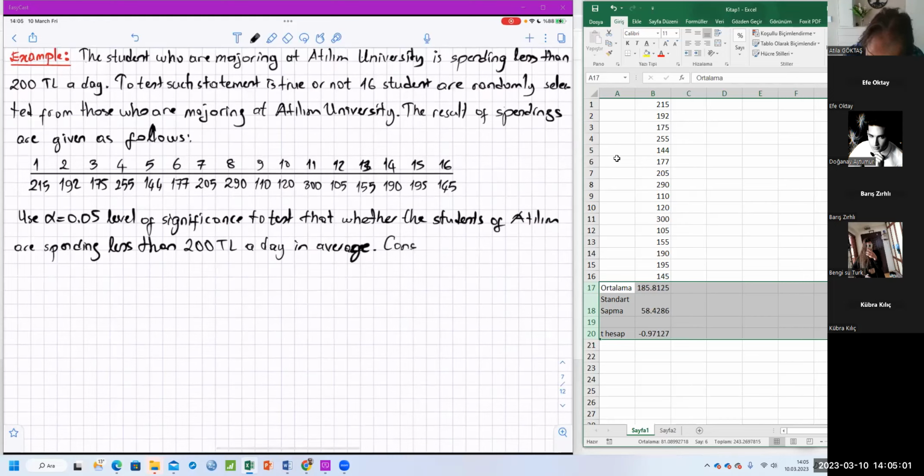Construct a 95% confidence interval for the spending.